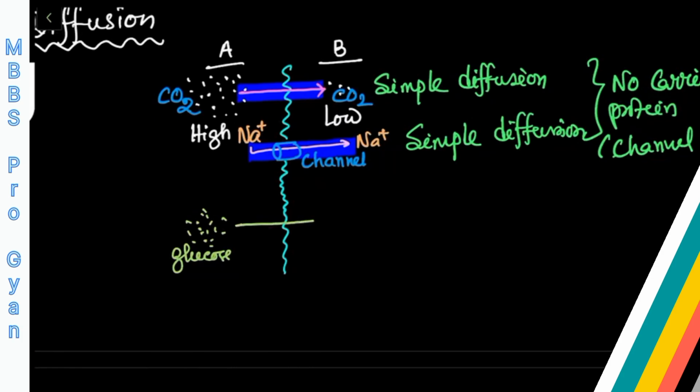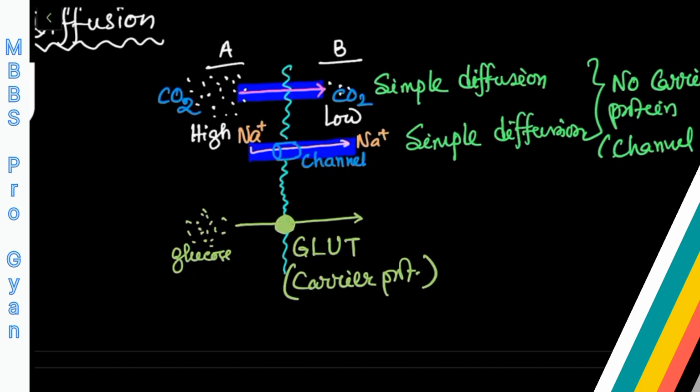There is another kind of carrier protein present on the cell membrane dedicated for transport of glucose, and that carrier protein is known as GLUT. GLUT is a carrier protein. It's not a channel protein, it's a carrier protein.